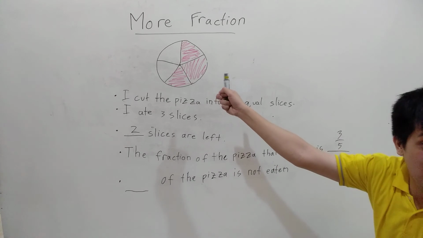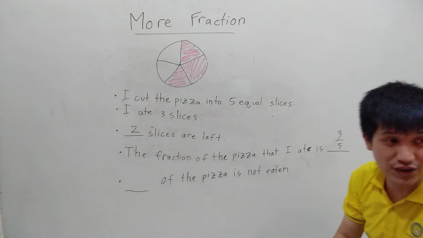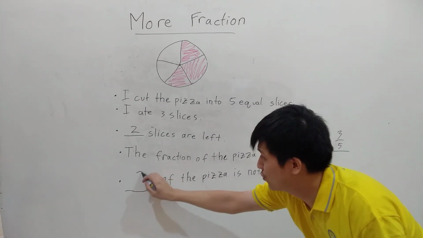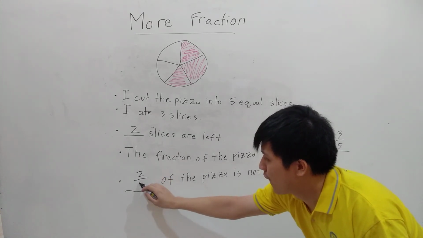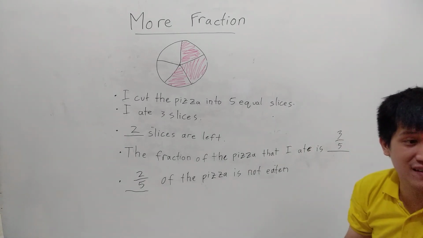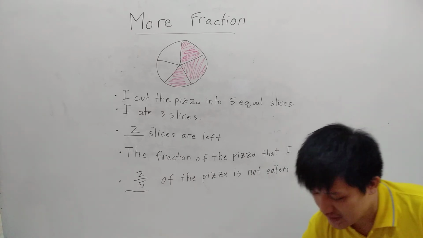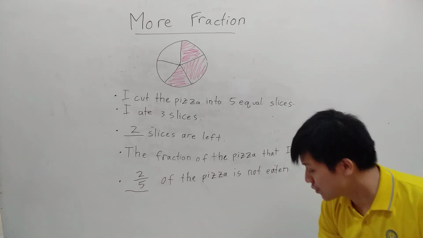How many of the pizza is not eaten? We concentrate on the one that's not eaten. We have 2 that is not eaten. So 2, the total is 5. 2/5 of the pizza is not eaten. Well, if you understand this, it's all good.